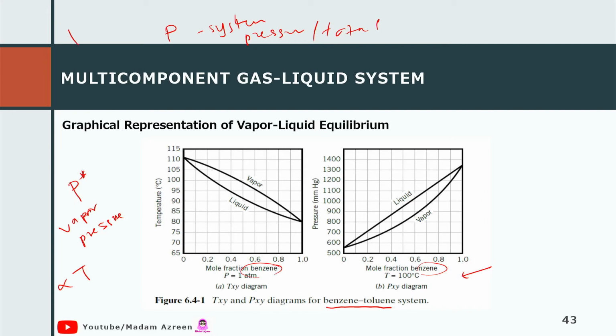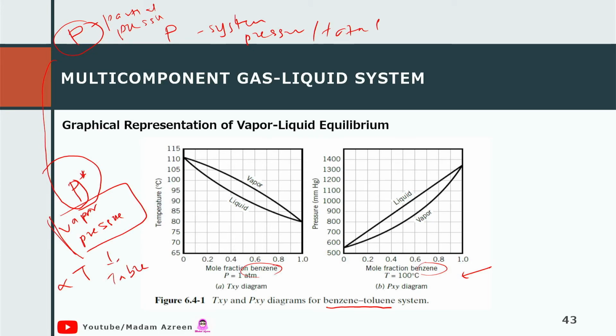We have small p, the partial pressure, and there is a condition whereby this partial pressure equals the vapor pressure. The value of vapor pressure you can refer to table B3. And then the terms you need to know are dew point temperature and pressure, and also bubble point pressure and temperature.